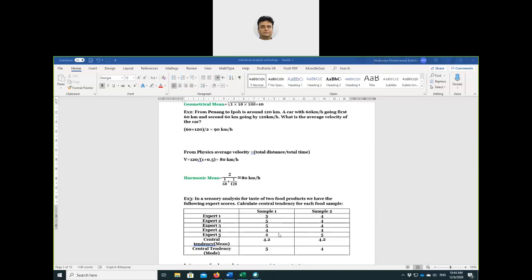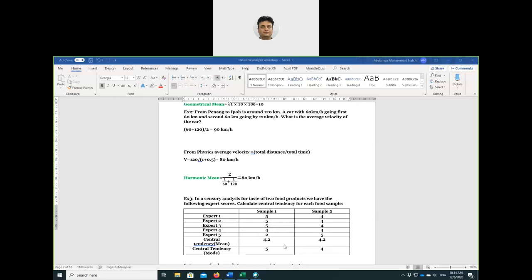Here, if you use the mean, you will reach 4.2 and this one also 4.2. But if you are a food expert, you can see that more than half of the experts give the full mark to this sample, while here the acceptability is not enough.